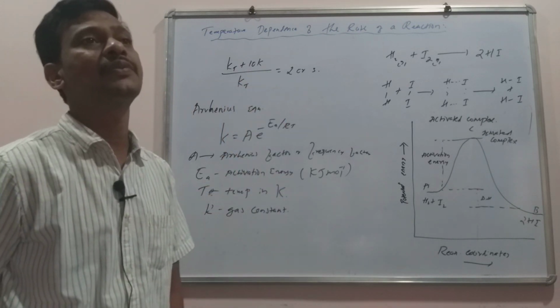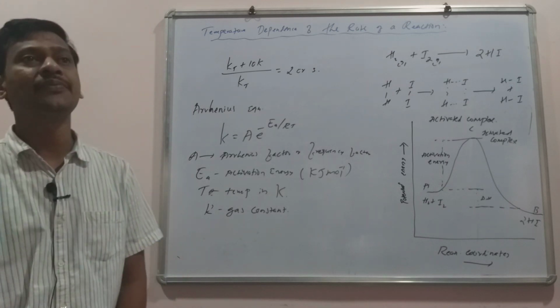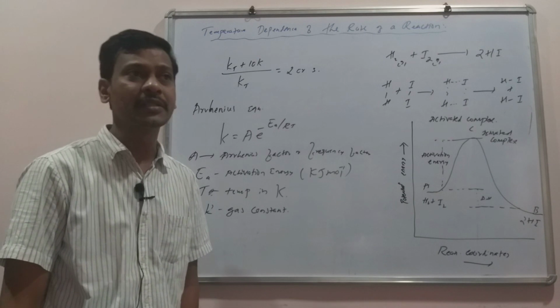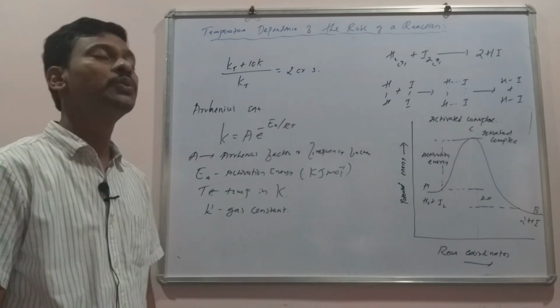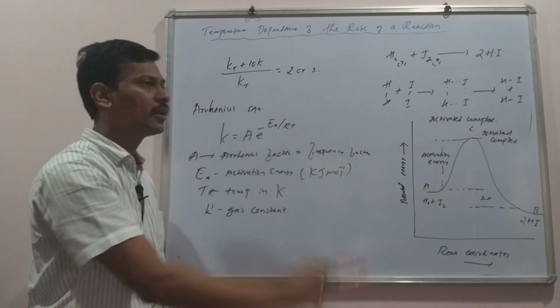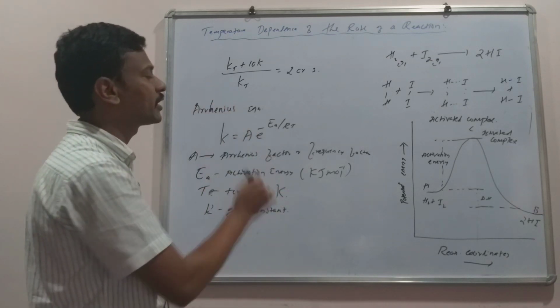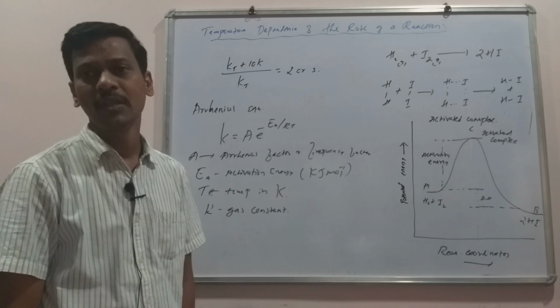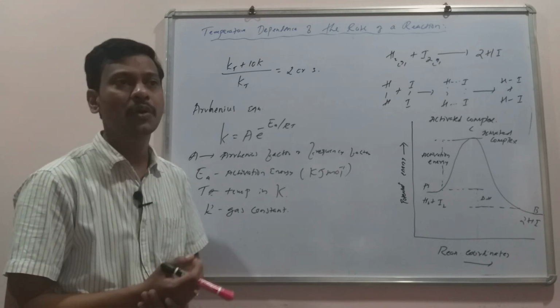Then what is the temperature coefficient? The temperature coefficient is defined as the ratio of the rate constant of the reaction at a given temperature to the rate constant at a 10-degree lower temperature, which is equal to 2 or 3. That is known as the temperature coefficient.